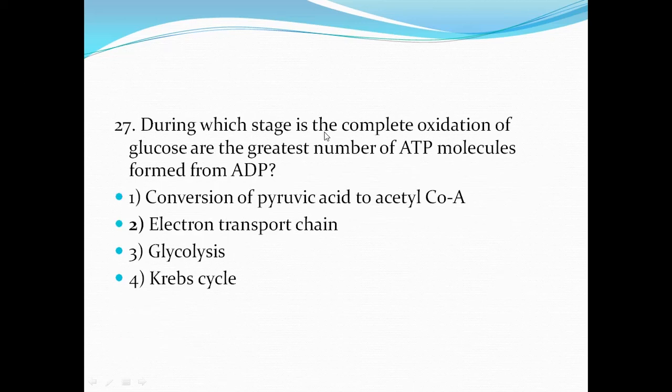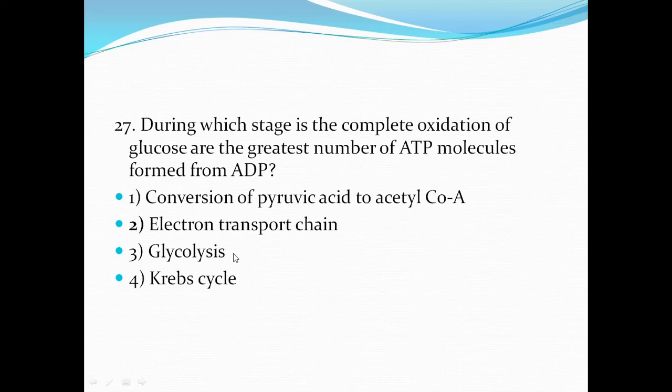During which stage of the complete oxidation of glucose are the greatest number of ATP molecules formed from ADP? Means in which of the following processes are the highest number of ATPs produced? You already know that the electron transport chain produces 34 ATPs, so the maximum ATP molecules are produced in the electron transport chain.